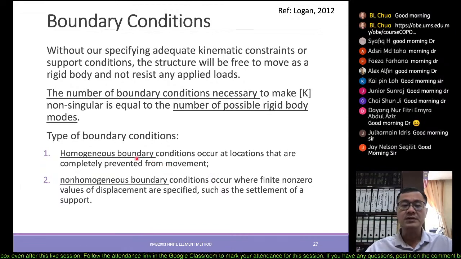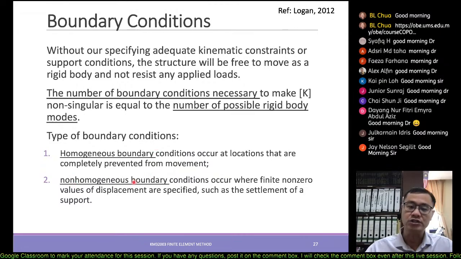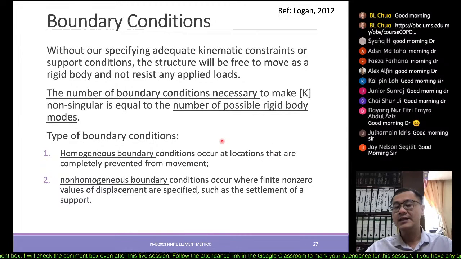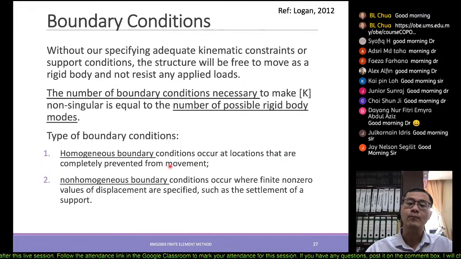The first one we call the homogeneous boundary condition, and the second one the non-homogeneous boundary condition. The first type relates to locations where we completely prevent movement, so we say displacement equals 0.